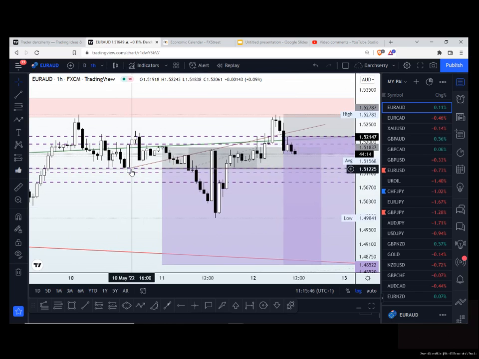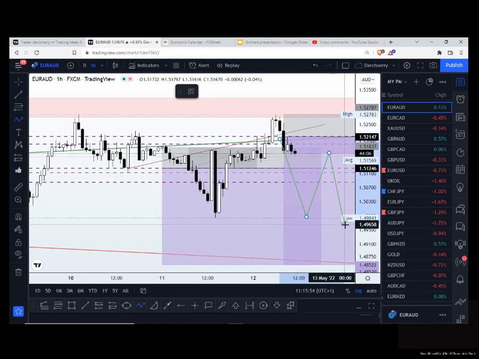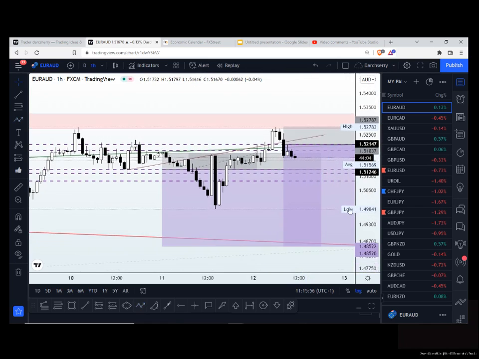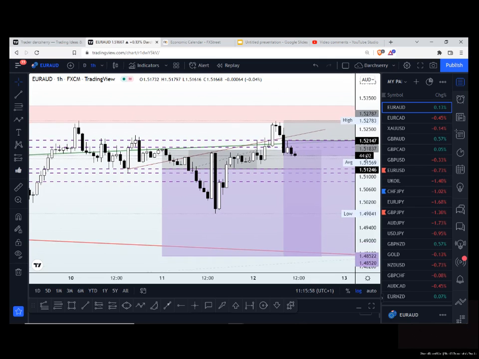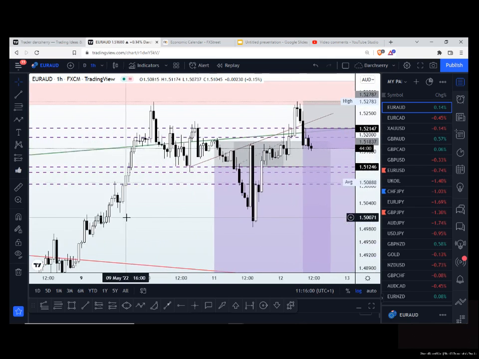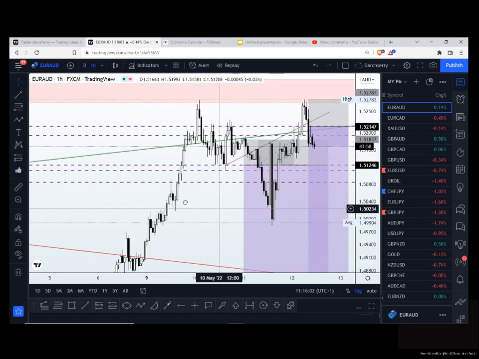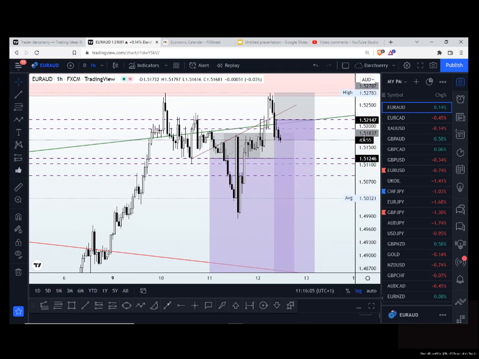Though these positions here are still valid, still running, so I'm still expecting price to slice through all this, and we go down to our profit target at 1.48520. So this one is still going as planned, though we had new setups, we had new entry points at this point. So that's that on Euro AUD.